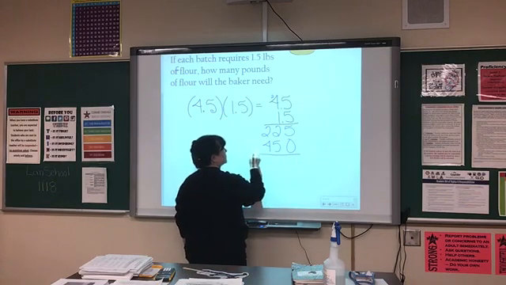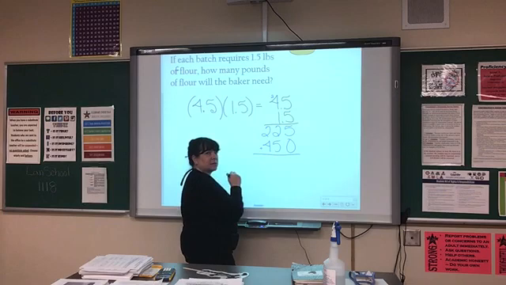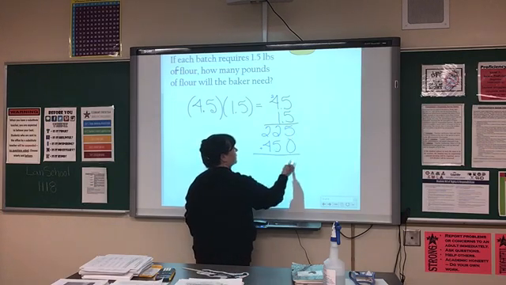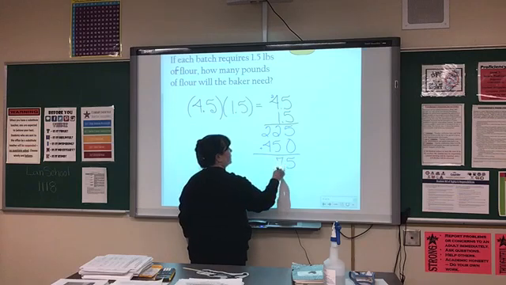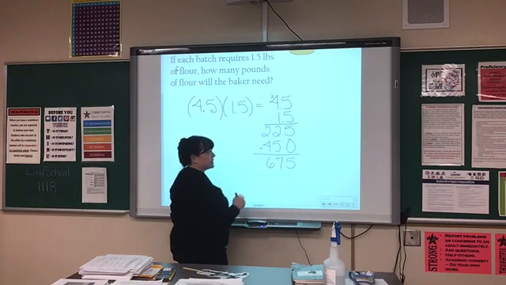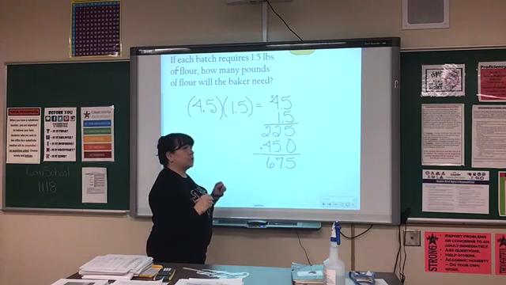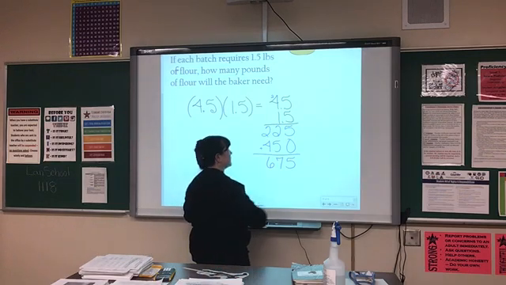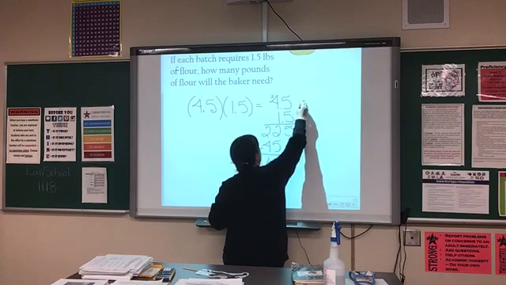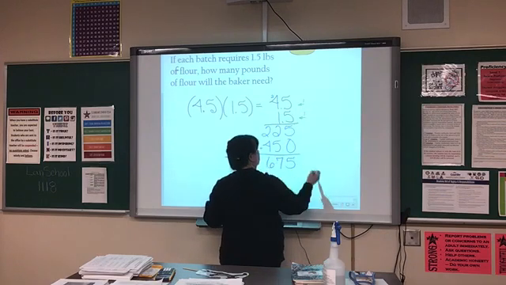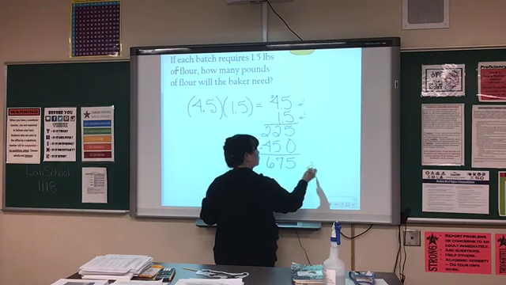Now, I'm just going to add these because that's what we do, because they're now the same place values. We'll get 5, 7, and 6. And however you want to look at this, do I count how many are behind the decimal? There's 1, there's 1. So this one has to have 2.